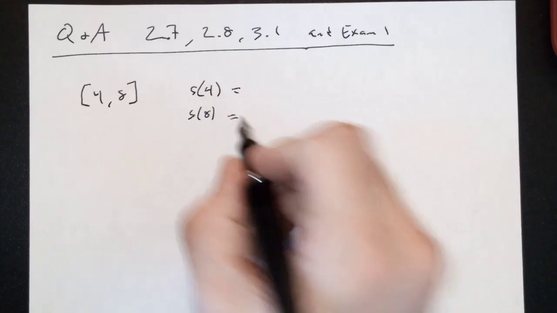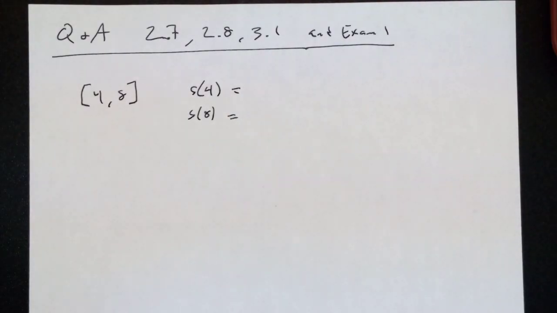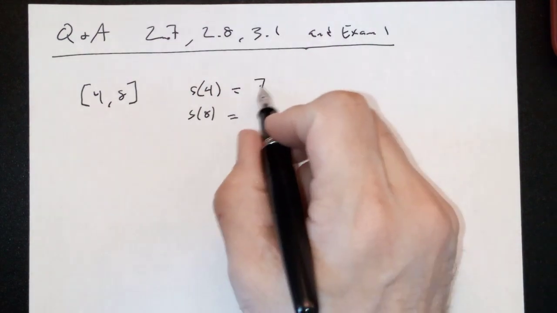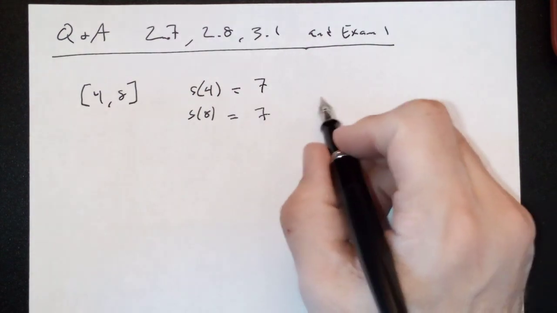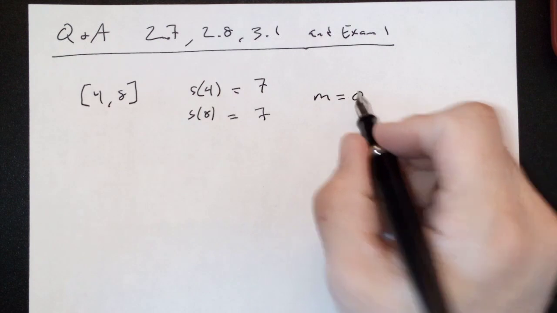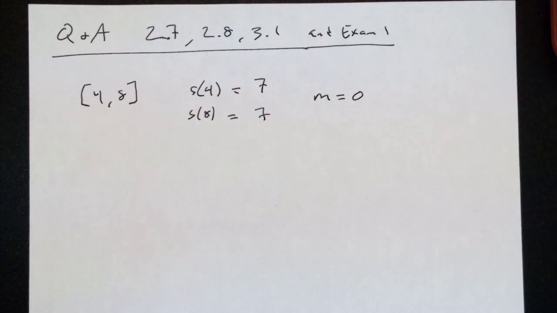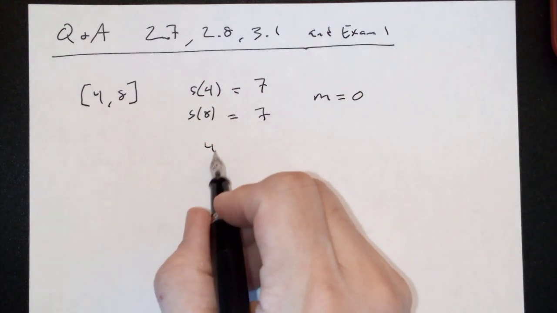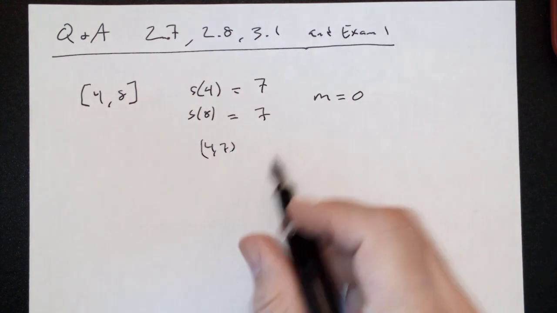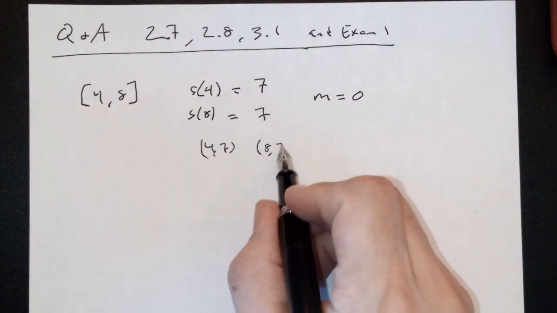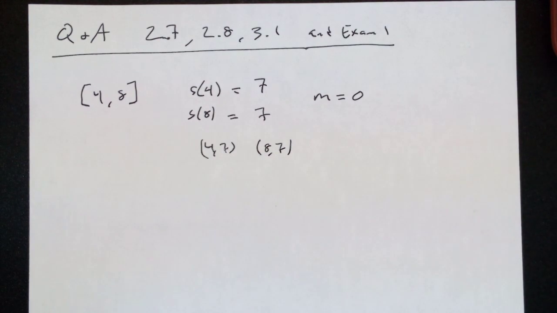Just give me what those numbers were, back in part A, number 1. So that means that the slope of this line is 0. But I know it goes through the point 4, 7. I also know it goes through the point 8, 7. So using the slope and one of the points, give me the equation for the line, and then I can graph that on my graphing device.